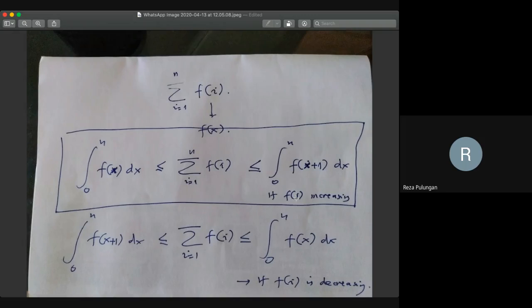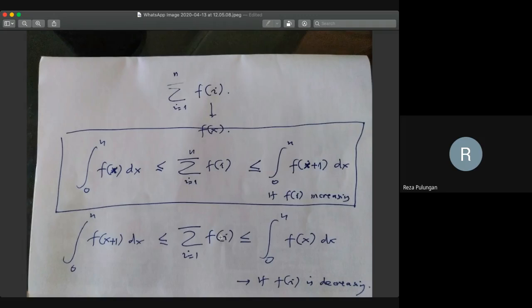What does it mean fi is increasing? As i is getting larger, this function is getting larger. Now, if it is the other way around, namely when i is getting larger and the function is decreasing, then this is the formula that you have to use.